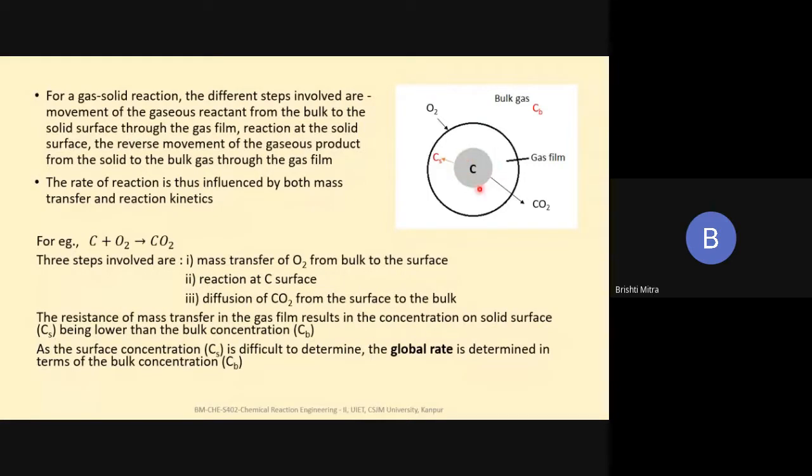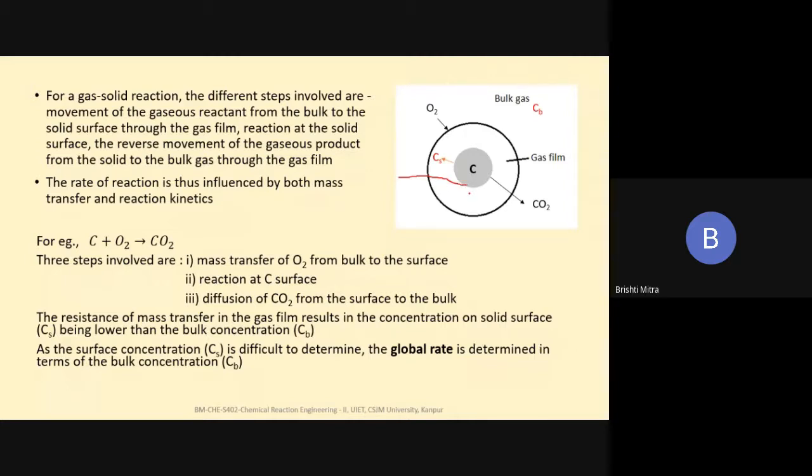Here is my solid reactant, and around it I have a film of gas, which is known as the gas film. The gas concentration from the bulk comes like this, a straight concentration from the bulk, and then there is a drop in the concentration due to mass transfer.